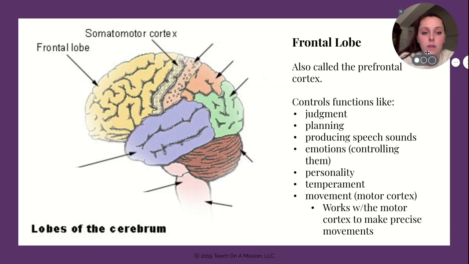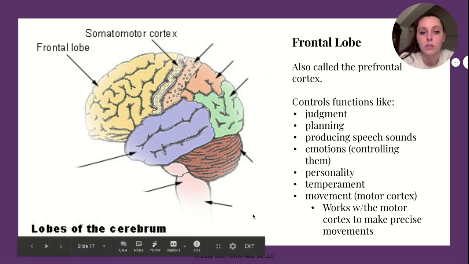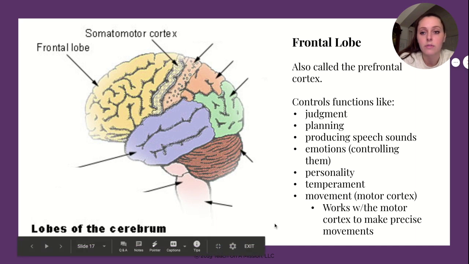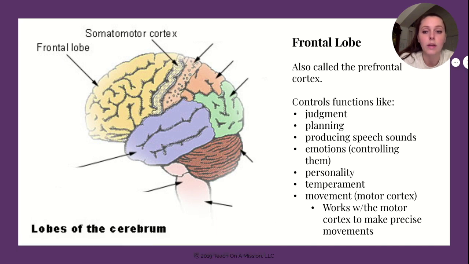So let's break it down. Let's talk about the frontal lobe first. You can also hear it called prefrontal cortex, which is talking about the very front part of the frontal lobe. But this controls a lot of different things. So we're controlling judgment, planning, producing speech sounds, controlling our emotions, personality, temperament, and it's going to allow us to have movement.